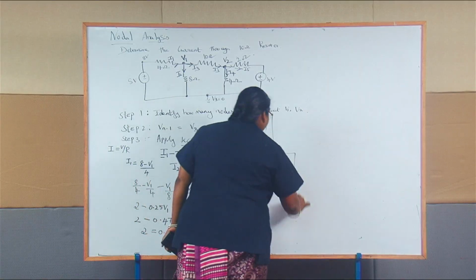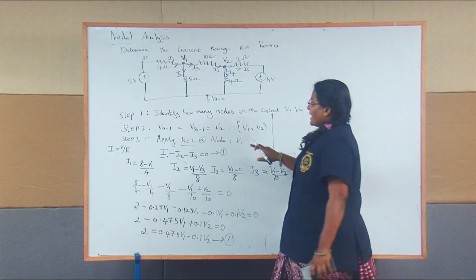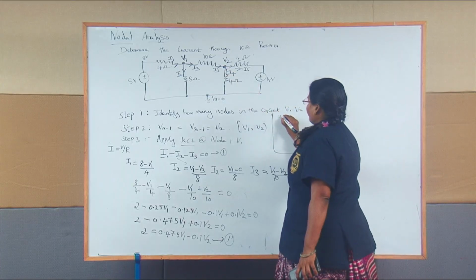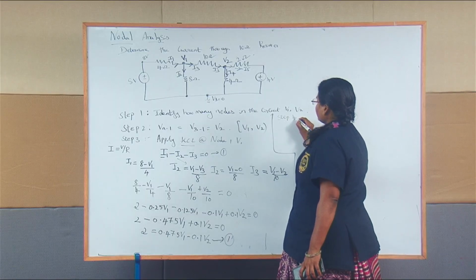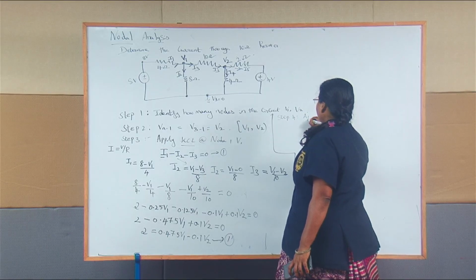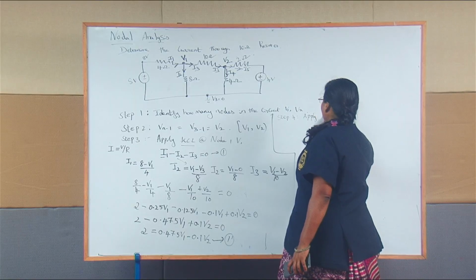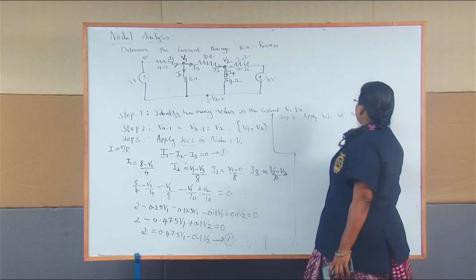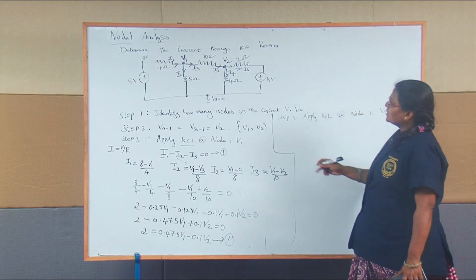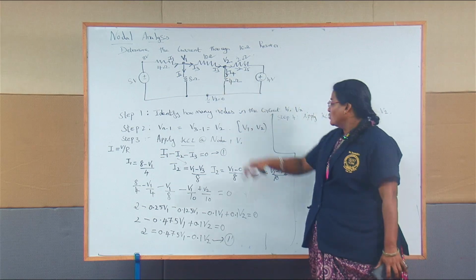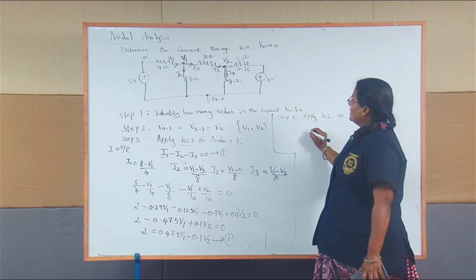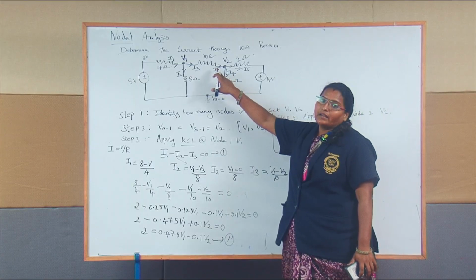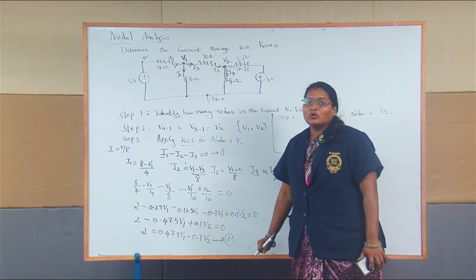So, similarly, I am going to apply KCL at this node V2. So, step 4, apply KCL at node 2, V2. Here, you know very well, Kirchhoff's current law says that the entering current equal to leaving current equal to 0.